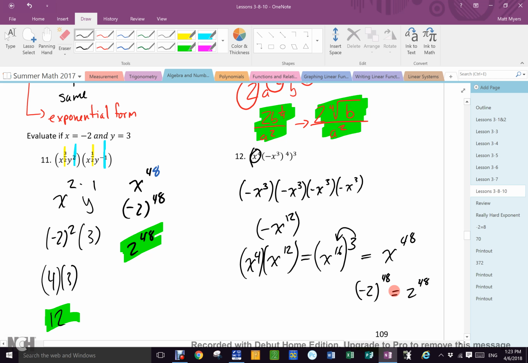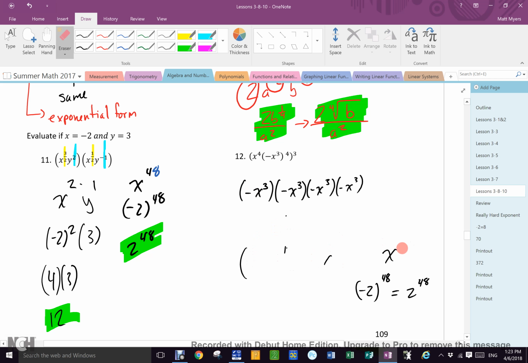Does everybody understand? Where most kids screw this question up is they're unsure about that negative base bothers you, right? But what you got to remember, and the reason that negative thing works, is what I'm about to show you now. What would that be? Negative, negative, negative.